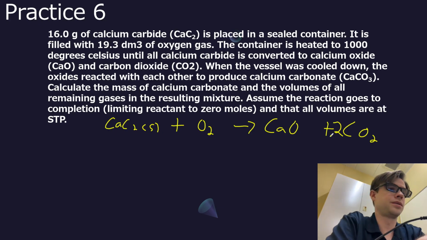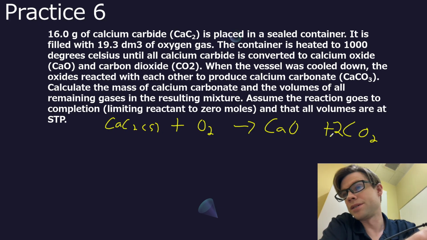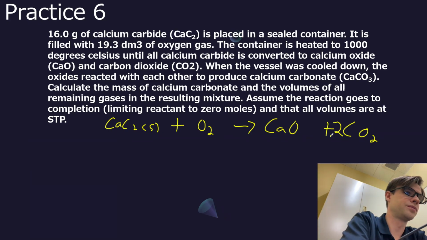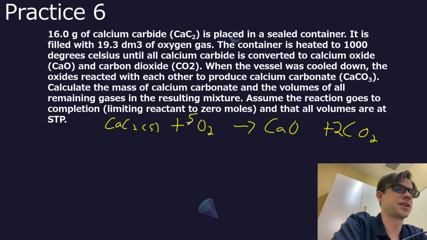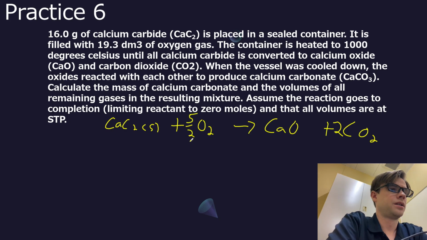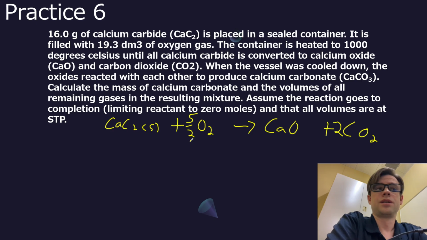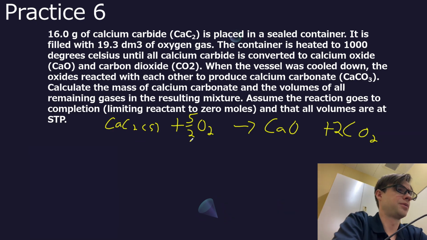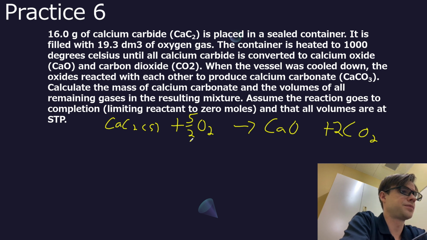And we're going to need 5 over 2 for O2. If you don't like those fractions, you can double everything. This way we have 1 calcium on each side, we have 5 oxygens on each side, and 2 carbons. Yeah, that works.